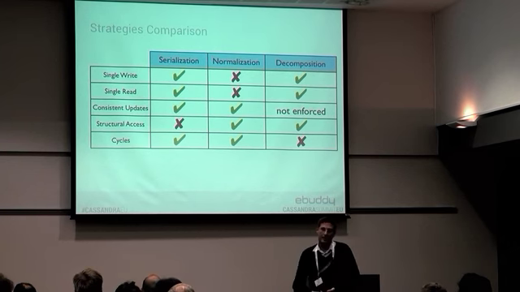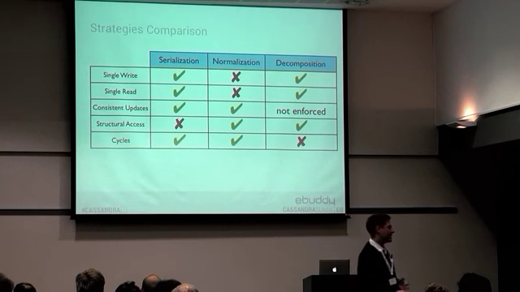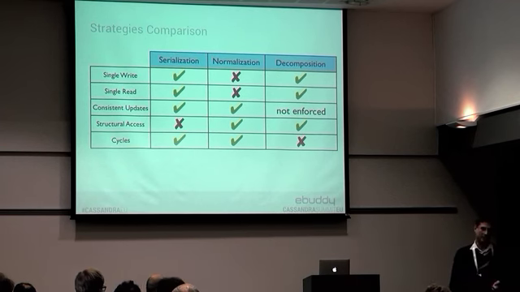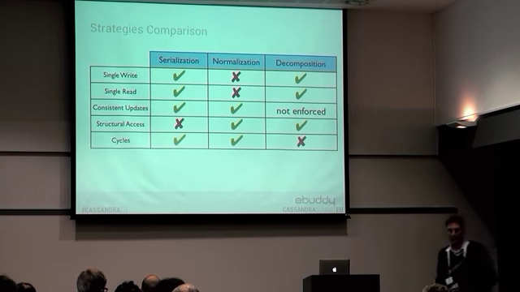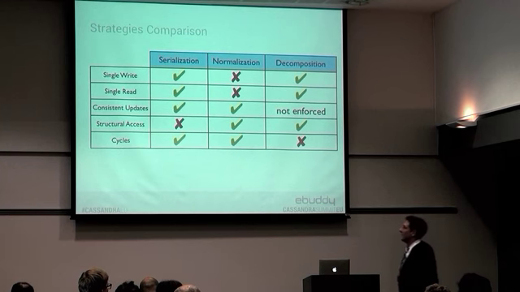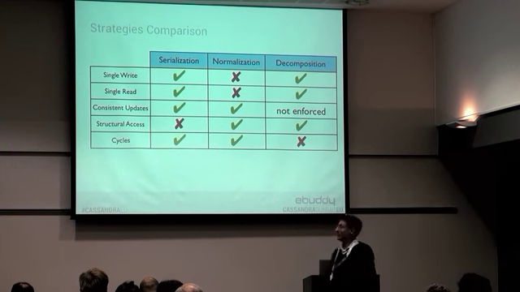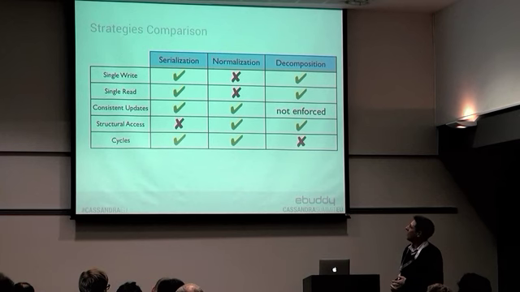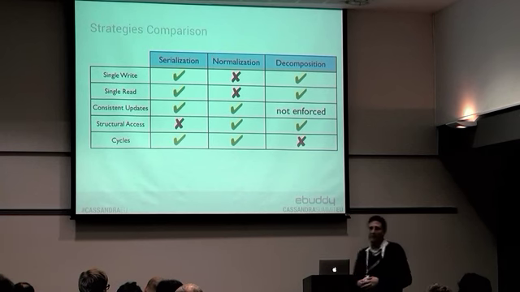Structural access. What I mean by that is the ability to access parts of the structure. So a single street name, a single address from a more complex structure. Serialization doesn't really allow you to do that. It's all or nothing. So it's kind of the inverse of consistent updates there. Also, cycles.